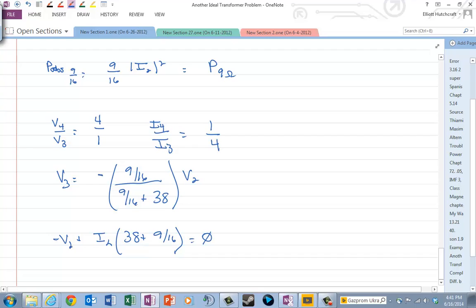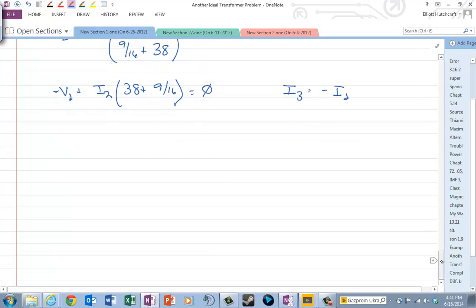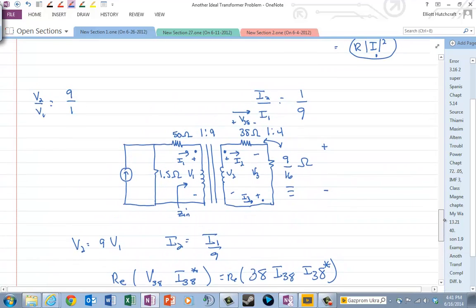So that could allow us to calculate I2, and we also can write I3 as minus I2, and then use our equations to get I4 and V4 from V3 and I3.